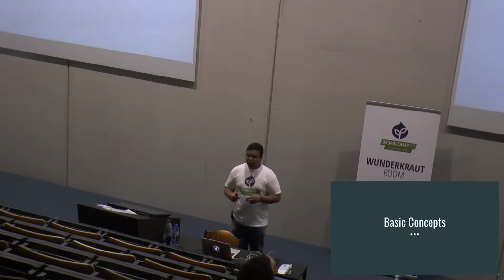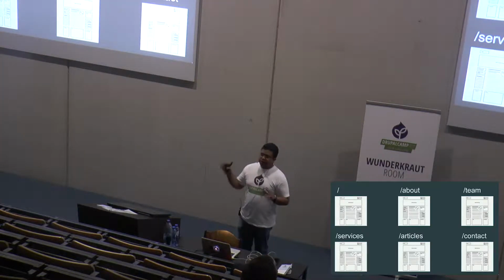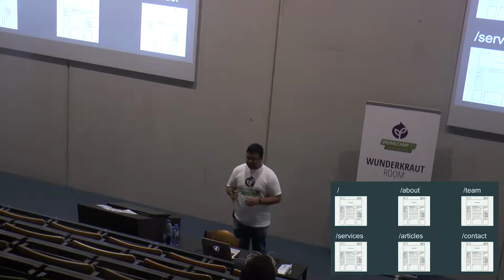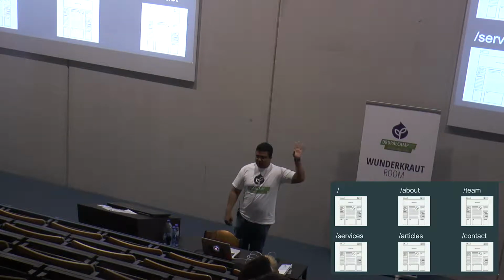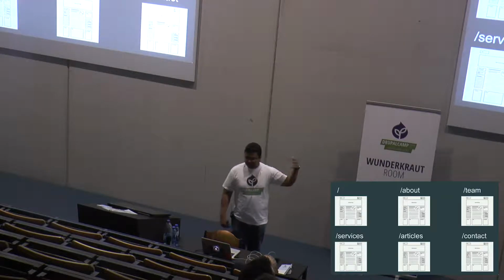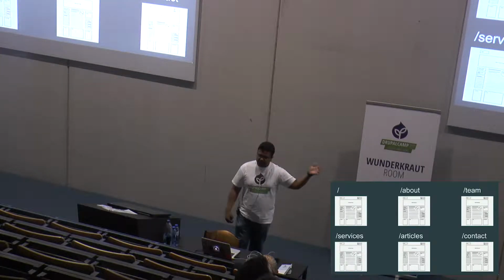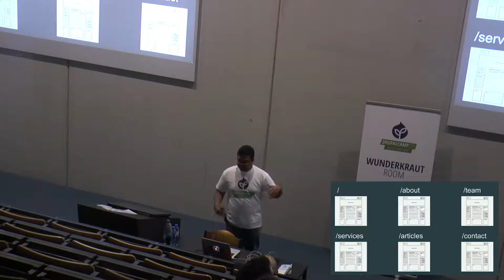Now let's go over the basic concepts. So imagine that we have a very small website, with just a few pages, and in this case, the slash in the first image is just the home page, and then we have a page about the organization, for the team, for the services that are offered, for articles, and for a way to contact us.